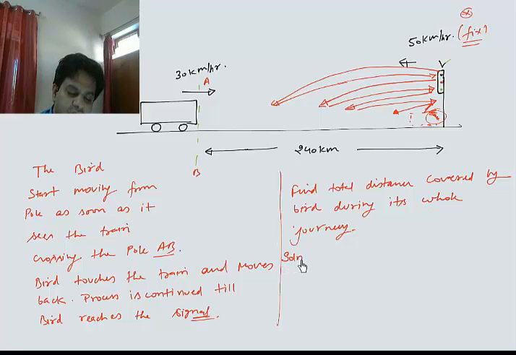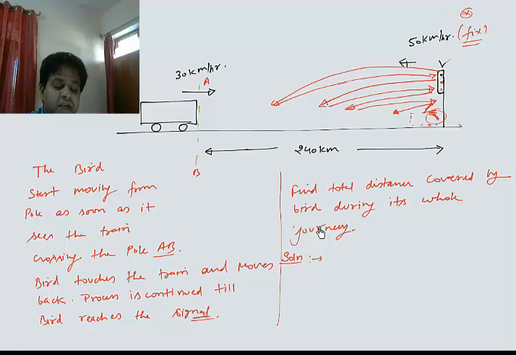Some of the students might be thinking of creating some kind of series or some kind of pattern to observe so that they can calculate the distance, but there is no need for doing all that.